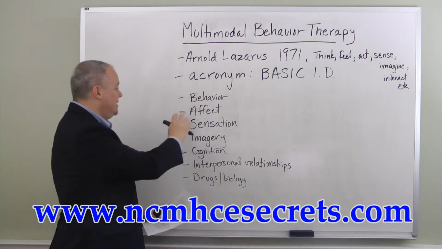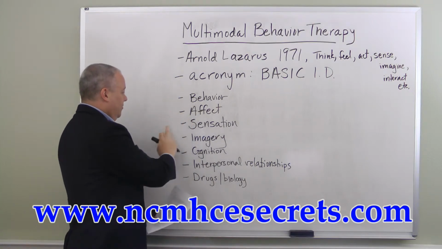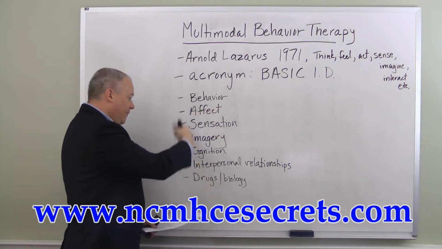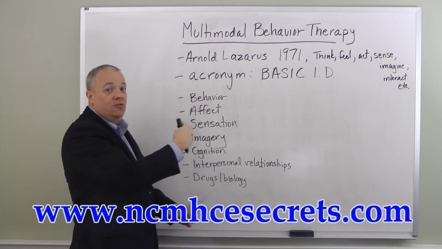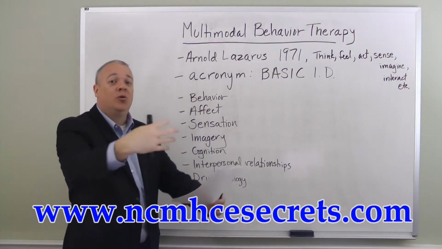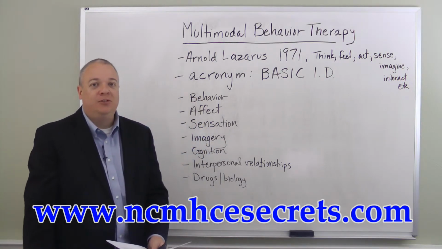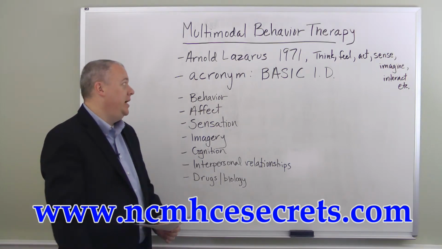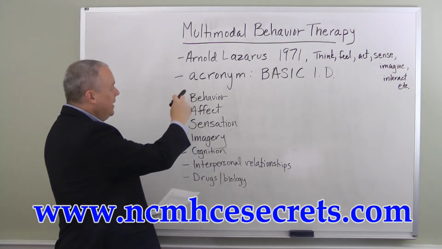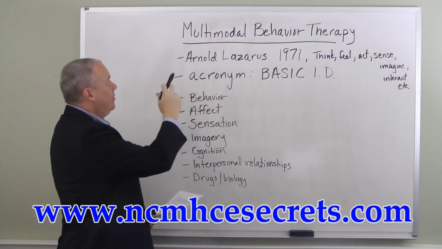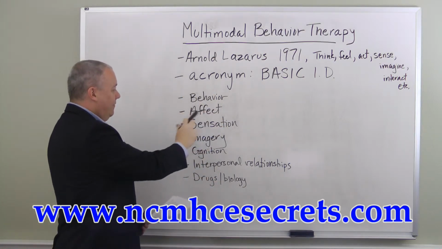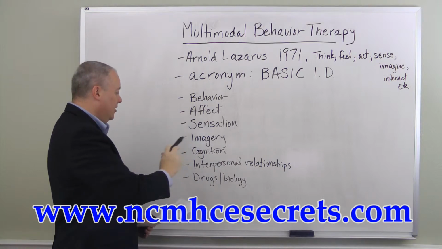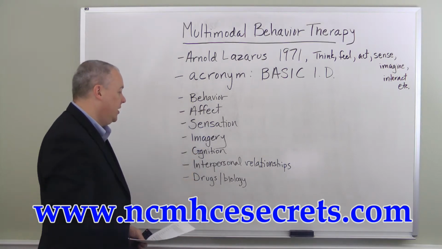If you remember these basic 7 things, then you use that as the basis or the springboard to tailor individually a helping plan or a therapy plan for the patient. So the acronym BASIC ID under multimodal behavior therapy: behavior, affect, sensation, imagery, cognition, interpersonal relationships, drugs/biology.